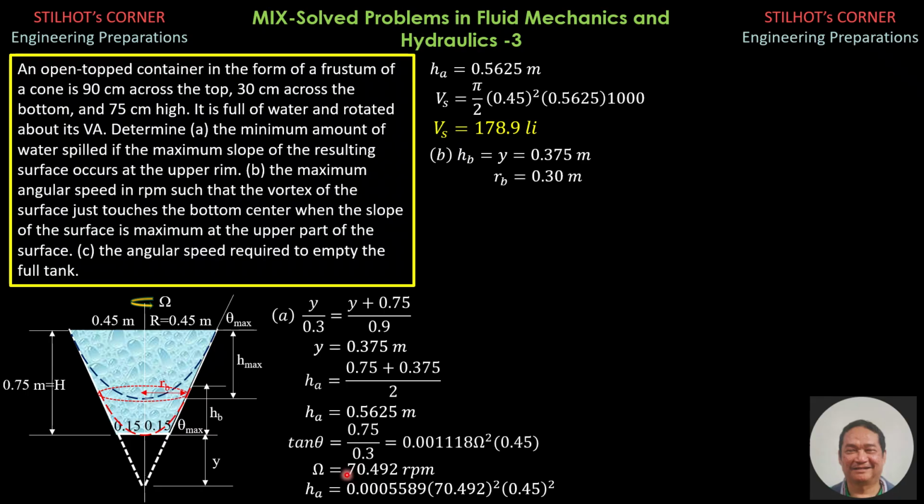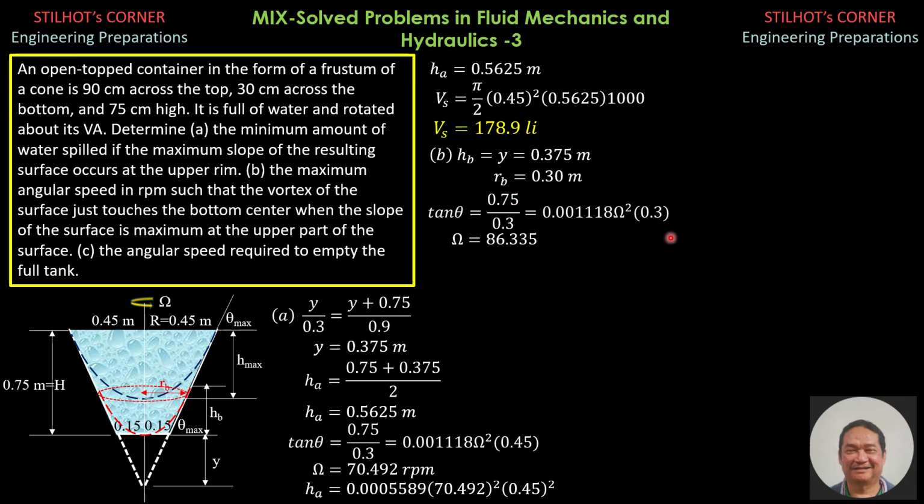Substitute into this formula, we can compute omega. So tangent theta 0.75 over 0.3 equals 0.001118 omega squared times 0.3, or the other way is tangent theta is 2 times this, or tangent theta is equal to y, 0.375 over 0.15. That's the same value as 0.75 over 0.3.